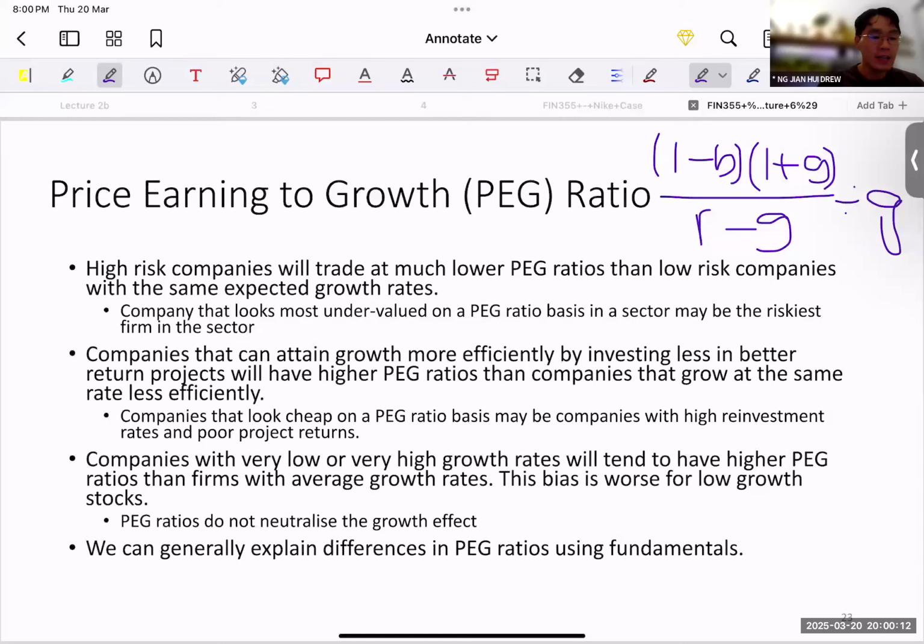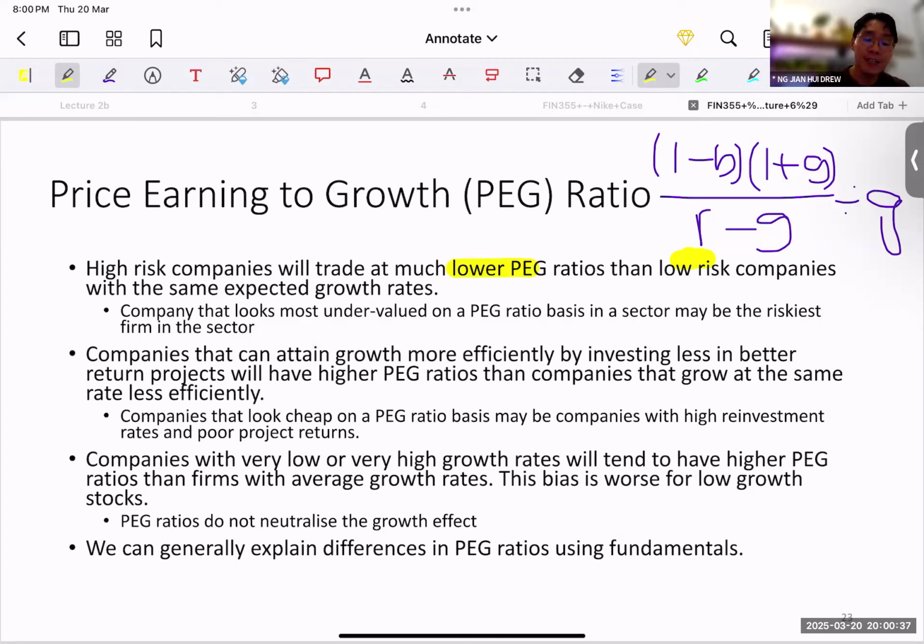Okay, so what is happening here? A high risk company, high risk meaning what is affected here? Your R is going to be affected. Your R is big, means your PE is small, right? And your PEG is small.